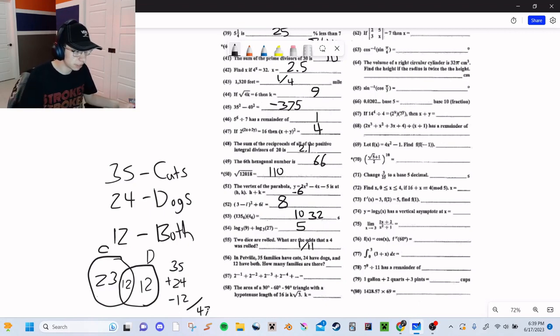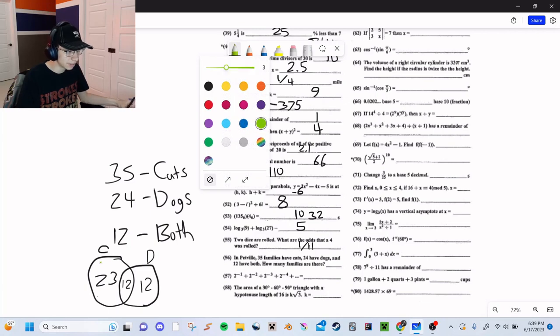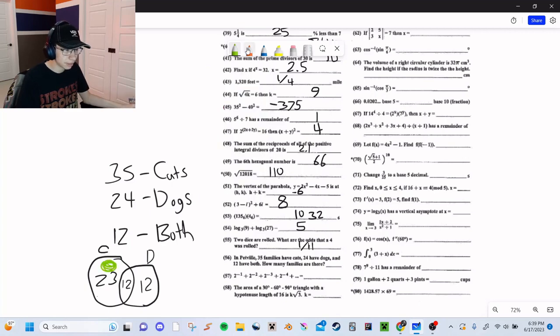Well, let's look back here. To get our answer, we had to add up each of these sections in this Venn diagram. So, let me symbolize it with this color. We have the cat owners here in this section, plus the dog owners in this section, plus the amount that have both. The total amount of cat owners represents the green section and the blue section, right?